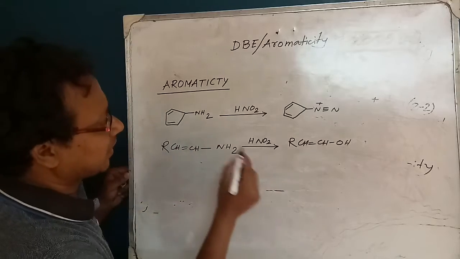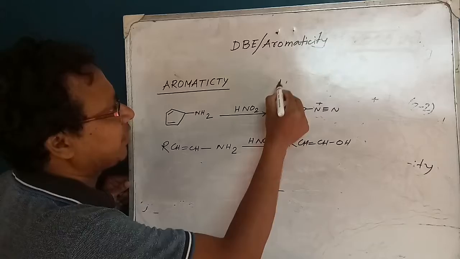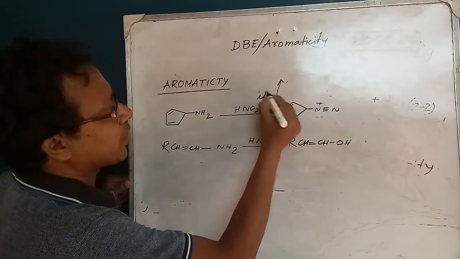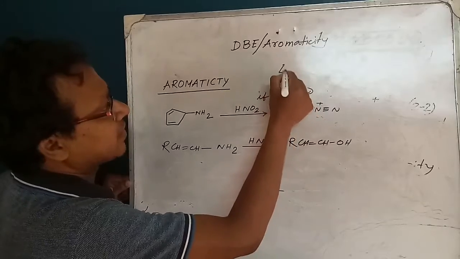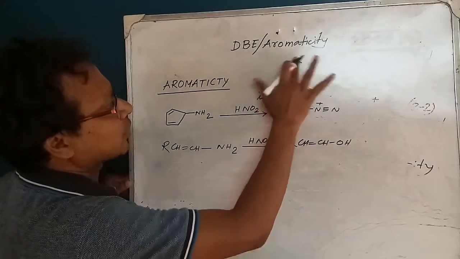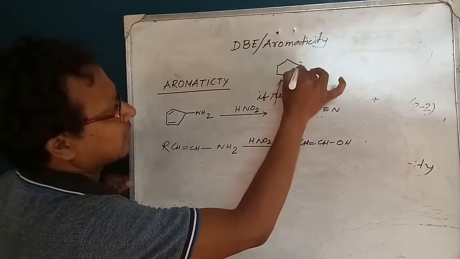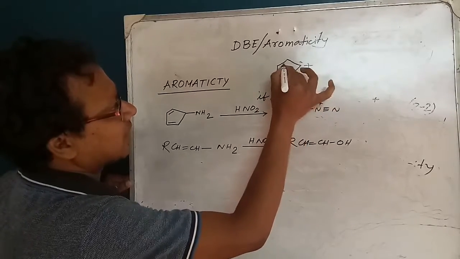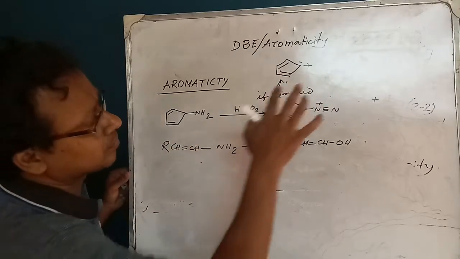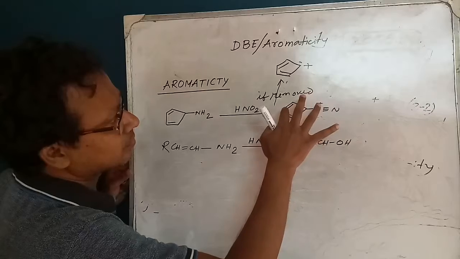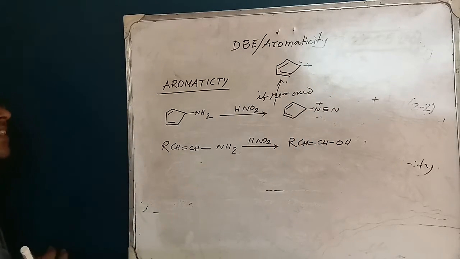If N2 plus is removed from here, then it will be plus this. Now what will be the case?